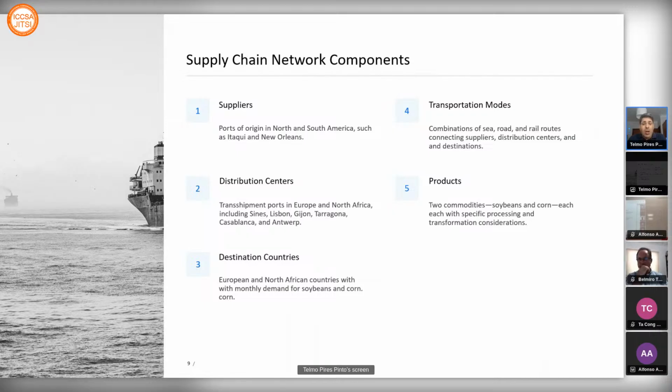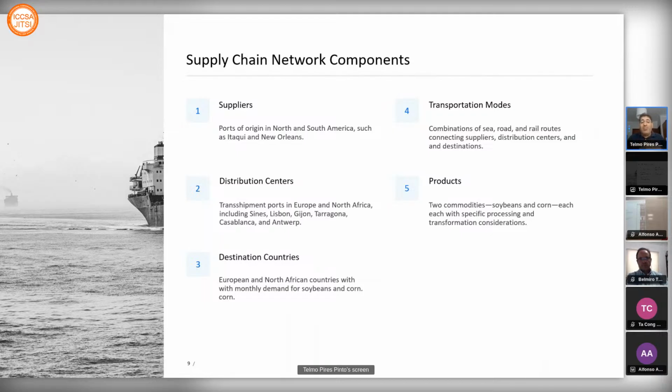Our destination countries are primarily in Europe and North Africa, the majority, where there is a consistent monthly demand for soybean and corn. Transportation modes here involve a combination of sea, road, and rail routes that connect suppliers, distribution centers, and final destinations in an efficient way.